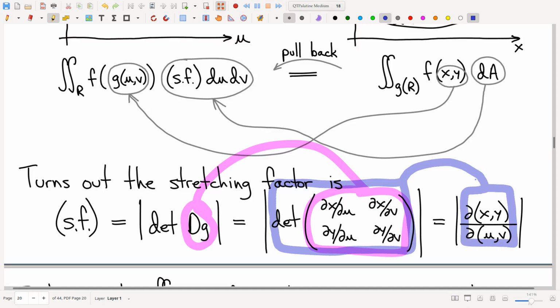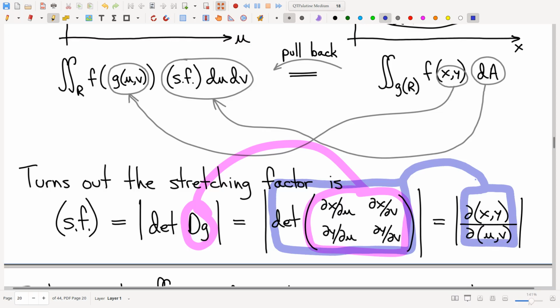Again, it's very slang. I'm writing it as if it's a fraction. It's not a fraction. Very importantly, not a fraction. But it's going to turn out to behave kind of like a fraction. So it makes it convenient to write it like it's a fraction.